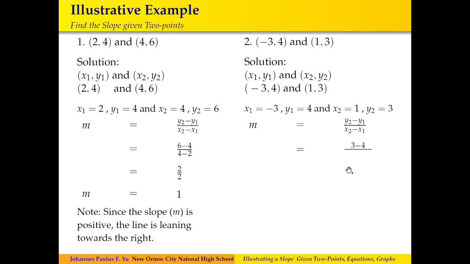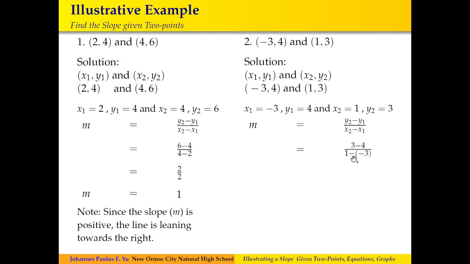X sub 2 is 1. Minus, okay, you must be very careful. X sub 1 is negative. So instead of writing 3, you must enclose the negative 3 in a parenthesis.